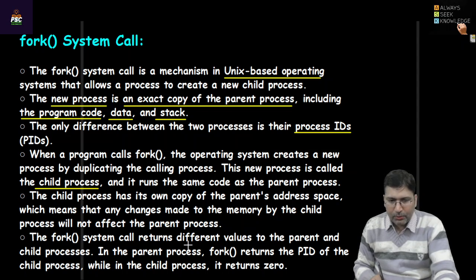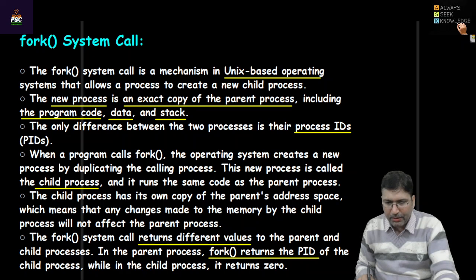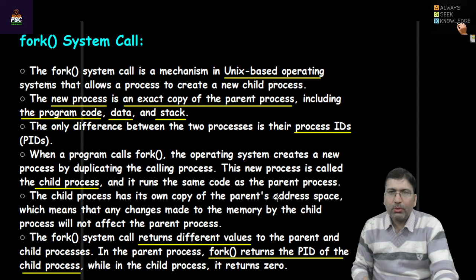The fork system call returns different values. That is very important. The return value of fork is very important. It returns the process ID of the child to the parent. So fork returns the PID of the child process to the parent process, and fork returns 0 to the child process.